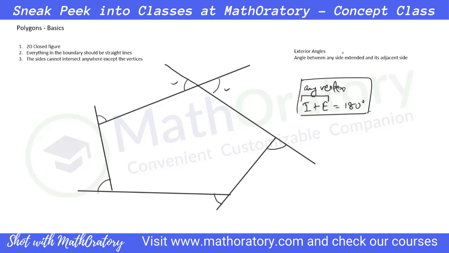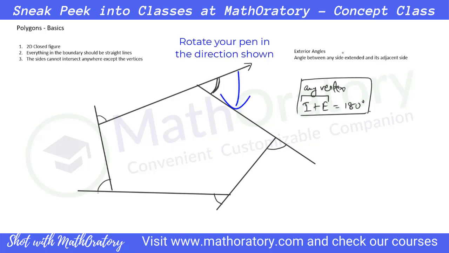If you remember the very basic ideas that we discussed in the very first lesson of geometry. These are one set of exterior angles. So take your pen and make it point in this direction. Now just move along this angle. When you move in this direction, you should be on this line, pointing in this direction.